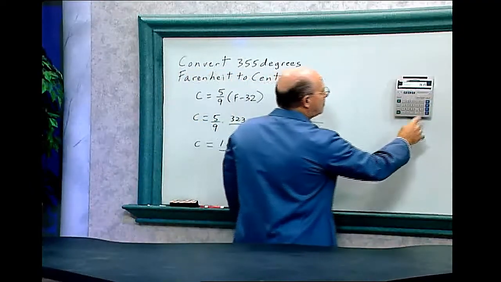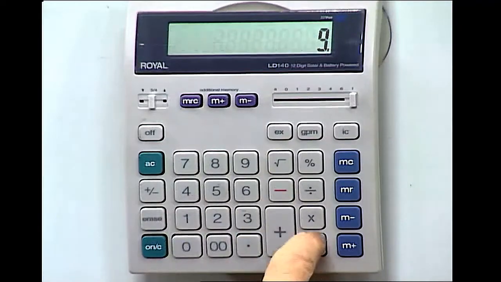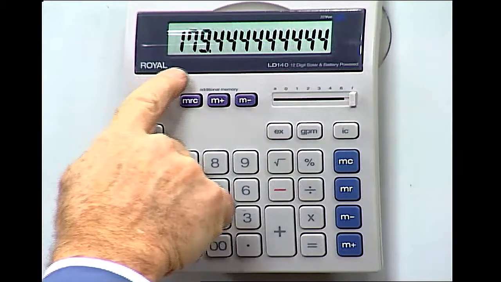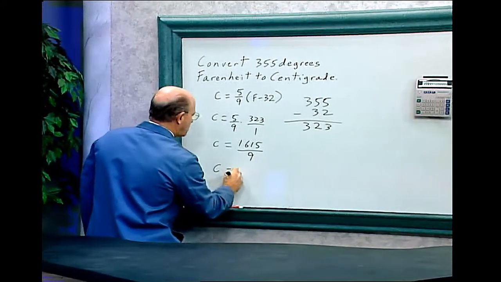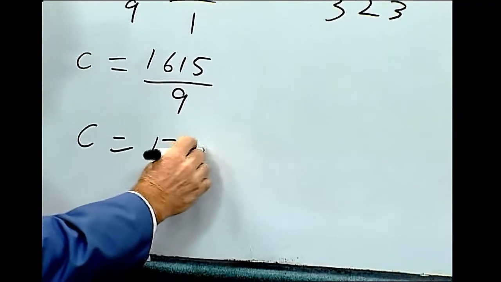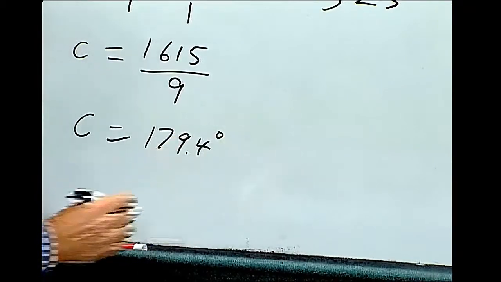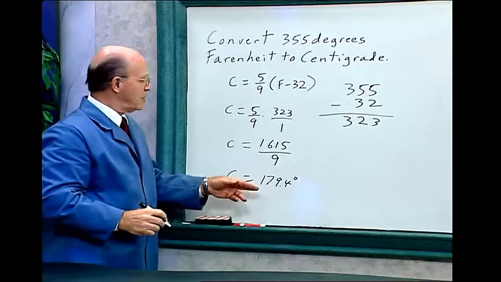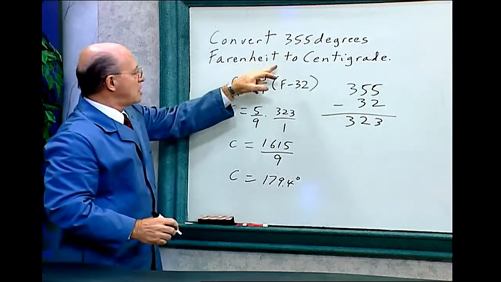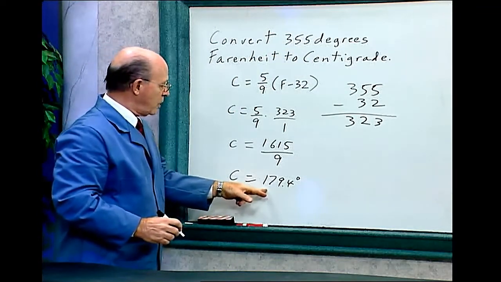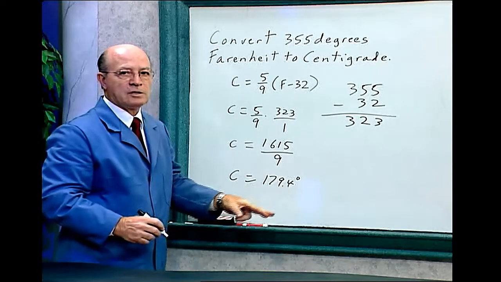Divide that by 9 and it equals 179.4. So centigrade equals 179.4. That little symbol means degree. So when you convert this 355 degrees Fahrenheit to centigrade, the temperature is 179.4 degrees.